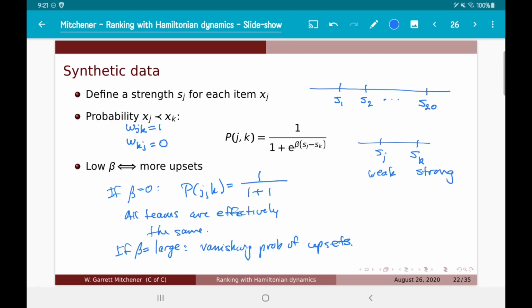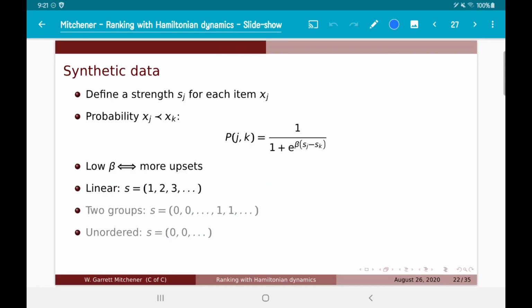So to do this random test, I create 10,000 samples using a particular set of strengths and a particular beta, and try all of the ranking algorithms that I'm interested in with various parameter settings on the same 10,000 samples. And now I can do pairwise t-tests to see, does one algorithm give consistently better results than the other, or are they about the same?